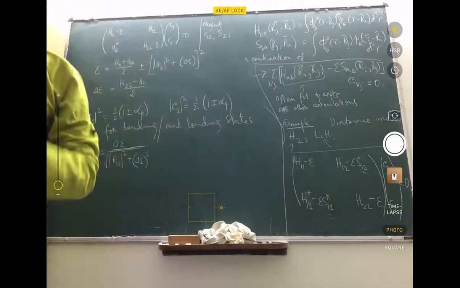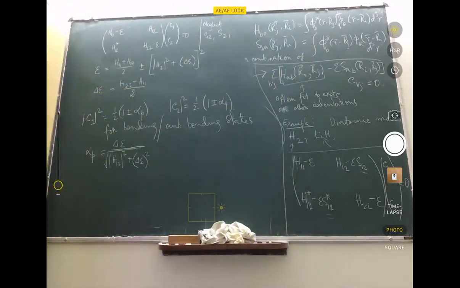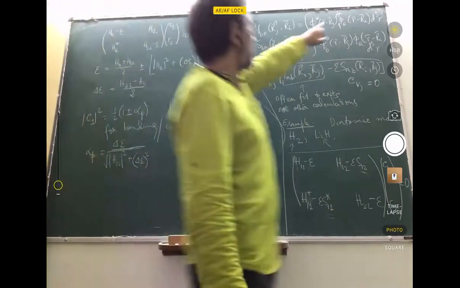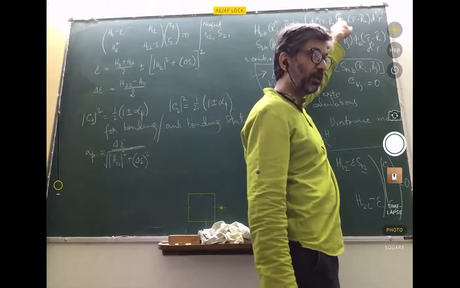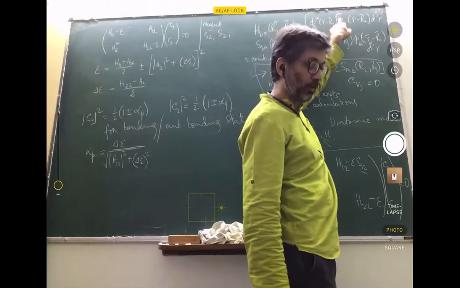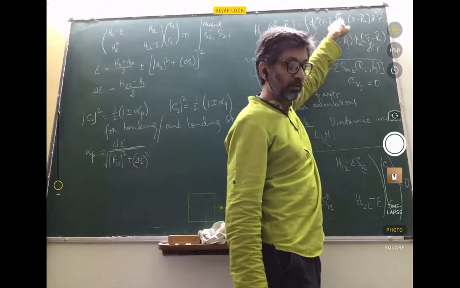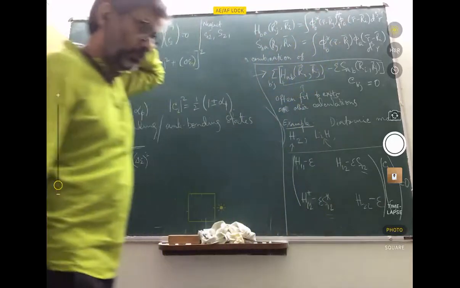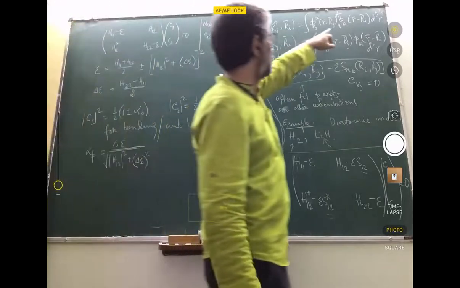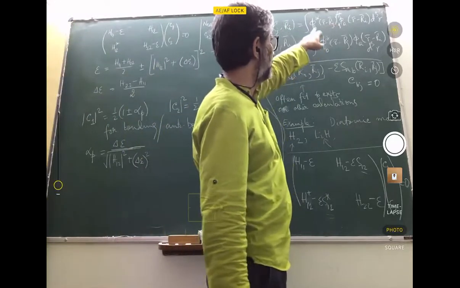So it is not the orbital energy of a single hydrogen atom, because the Hamiltonian is not the Hamiltonian of a single hydrogen atom. This Hamiltonian contains terms coming from the other hydrogen atom also, for example the Coulomb interaction due to the nucleus of the other hydrogen atom.